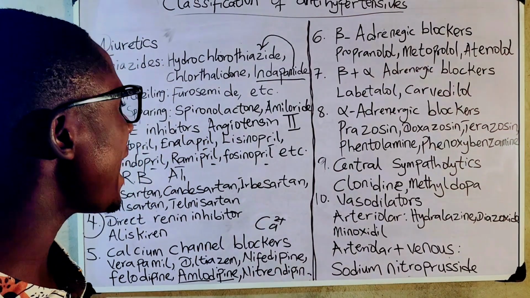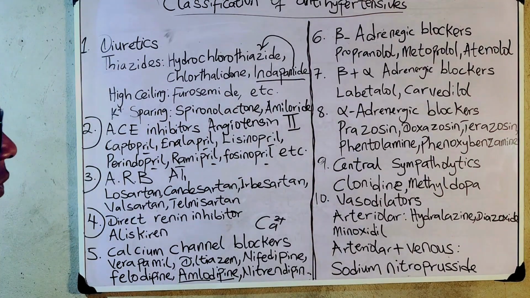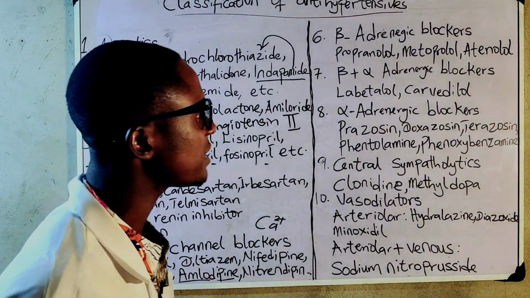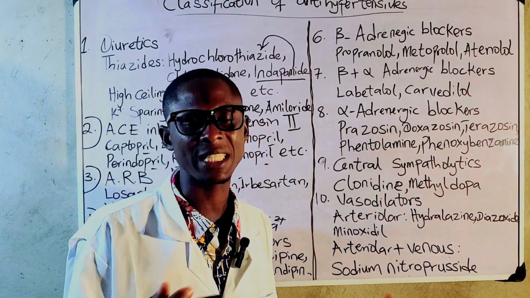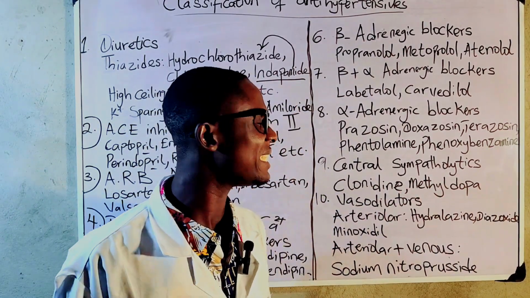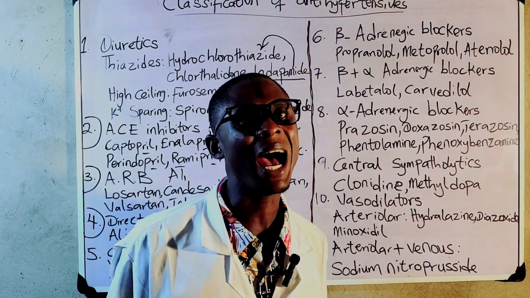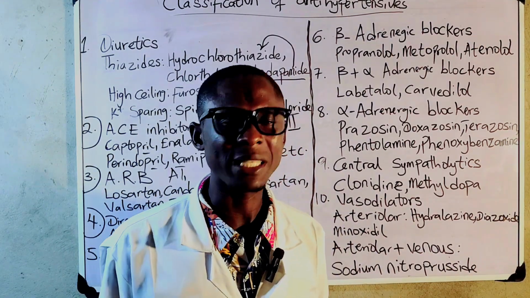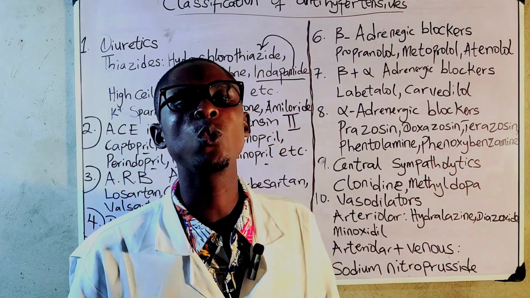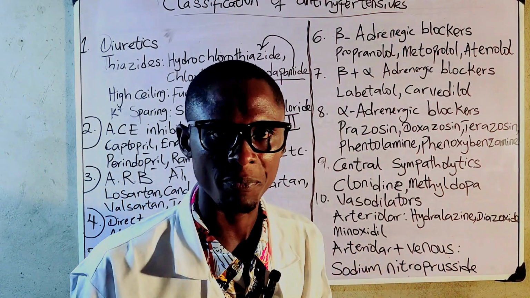Then number 9 is the central sympatholytic. The central sympatholytic acts in the brain by reducing the action of the sympathetic nervous system. A typical example is methyldopa. In autonomic pharmacology, we have the parasympathetic nervous system and the sympathetic nervous system. And we said in our previous biology that the sympathetic nervous system is the one that prepares the body for fight, flight, or fear.